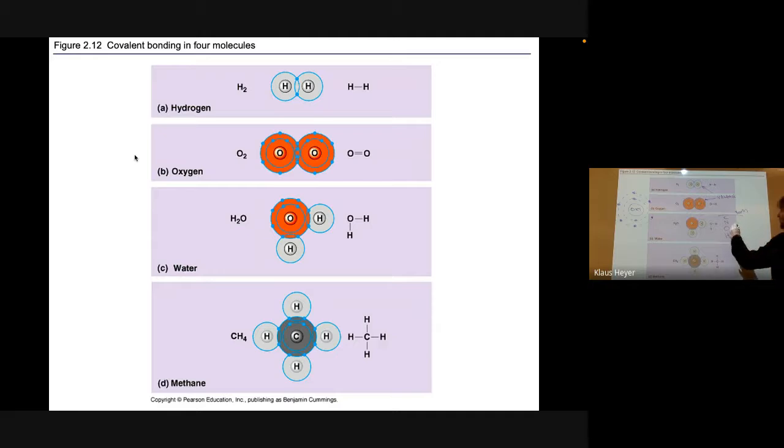Oxygen has 2 arms. It can make a choice. It could take both of its arms and grab onto different atoms. Look, that's what's happening here. This oxygen's grabbing onto this hydrogen and that hydrogen. Or it could take both of its arms and grab onto something else.